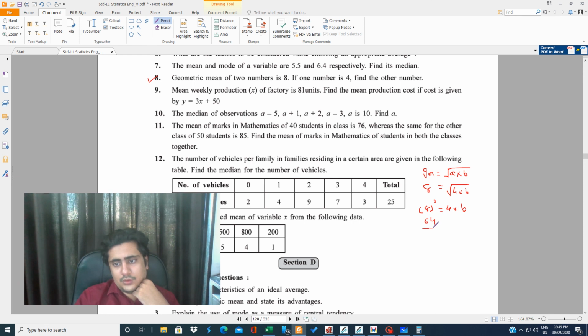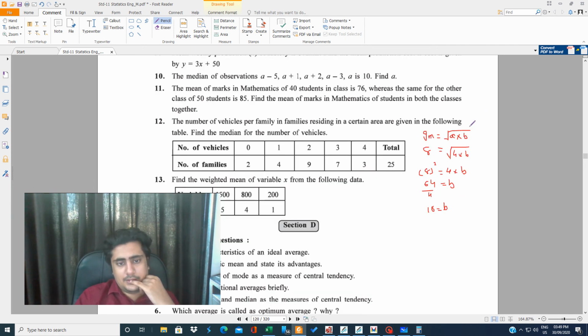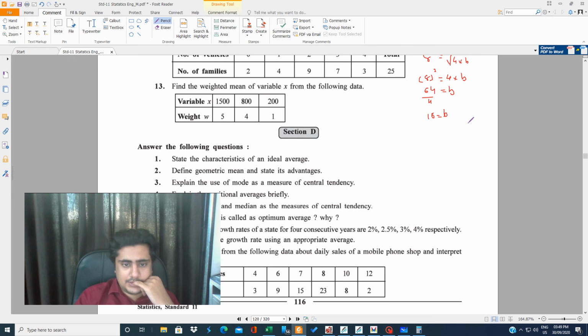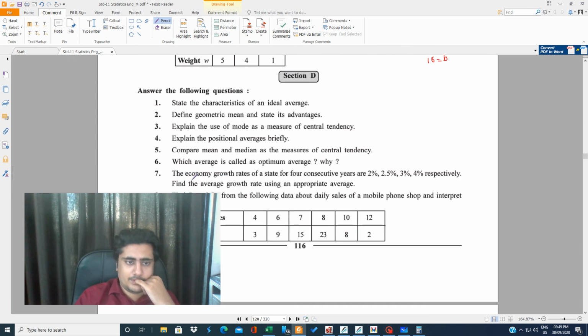Now square of 8 is 64 upon 4. So your B is 16. So your other number is 16. It's easy. Yes. Are there any other questions of geometric mean?